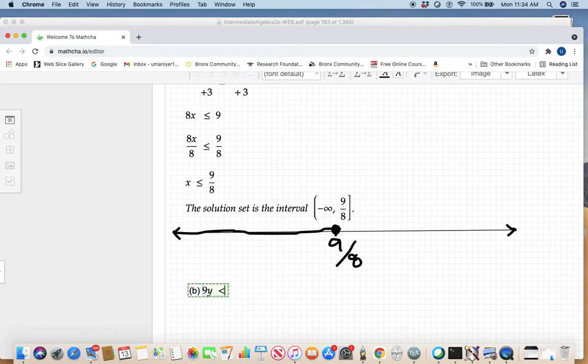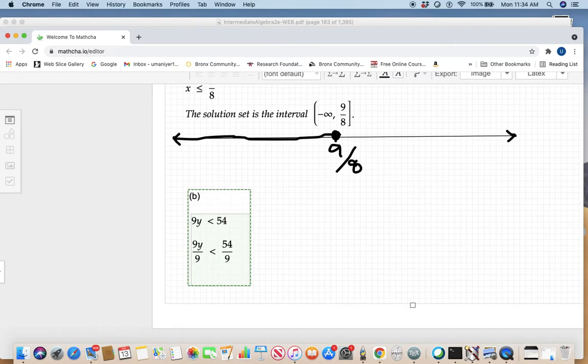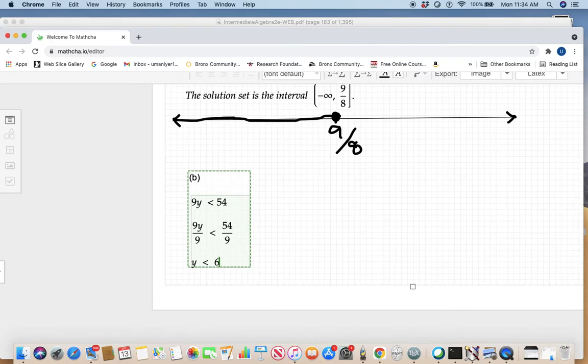How do we solve this? You want to get rid of the 9 which is multiplying y, so divide both sides by 9. 9 is a positive number, so there is no change in the inequality. 9y over 9 is y, less than 54 over 9, which is 6.